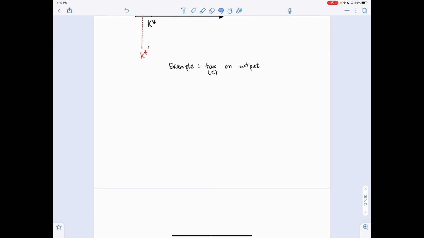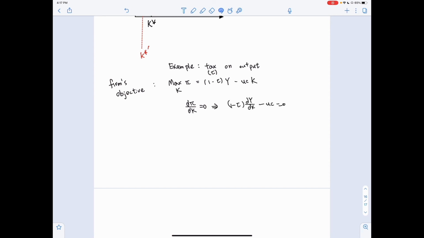So let me wrap up this discussion with an example, that is a government tax on the output. Because of that, the firm's objective for profit maximization now becomes 1 minus tau multiplied by Y minus the user cost of capital multiplied by K, and we want to maximize the profit by choosing K. When we solve this problem, we take d pi over dK and set it equal to 0.